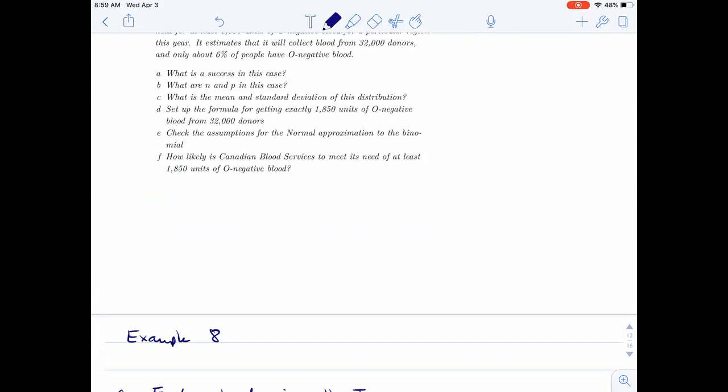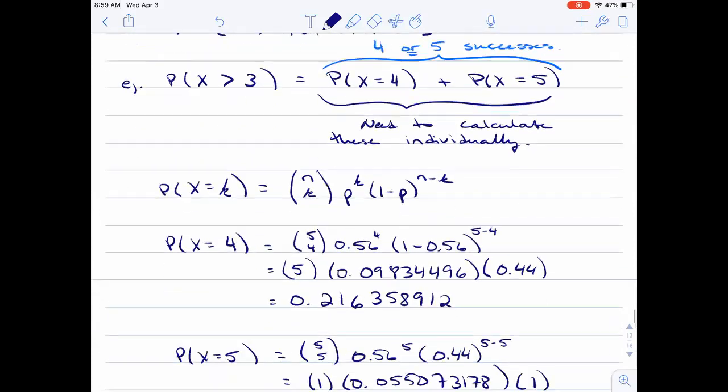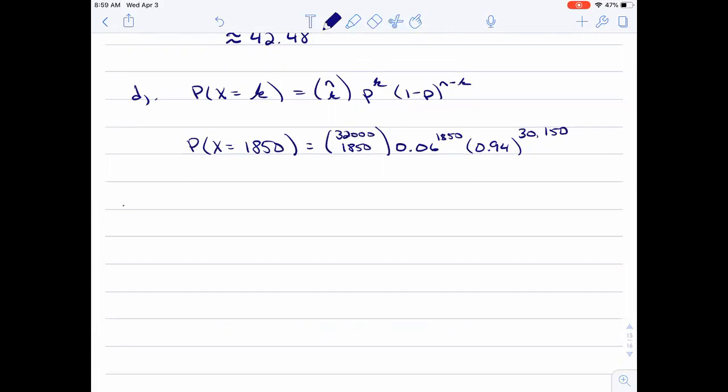At least 1850 is just 1850, 1851, 1852, all the way up to 32,000. They'd be thrilled. We're not going to do that by hand, that would be insane. First we're going to check the assumptions, but what you're going to find is that whenever you've got these kind of huge things that you feel like you're going to have to calculate, you can probably use the normal approximation.